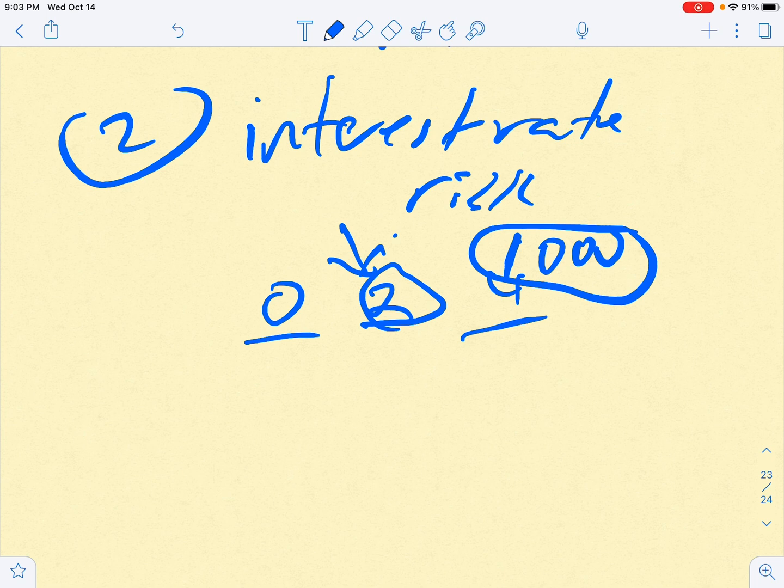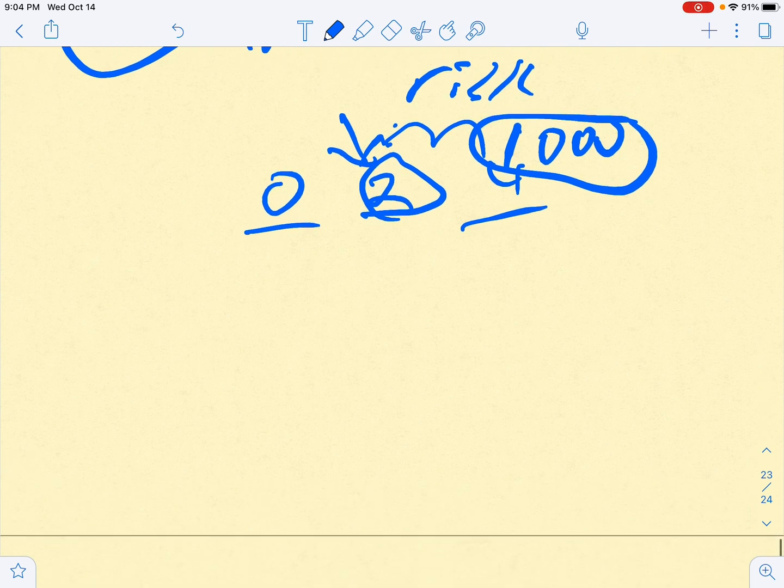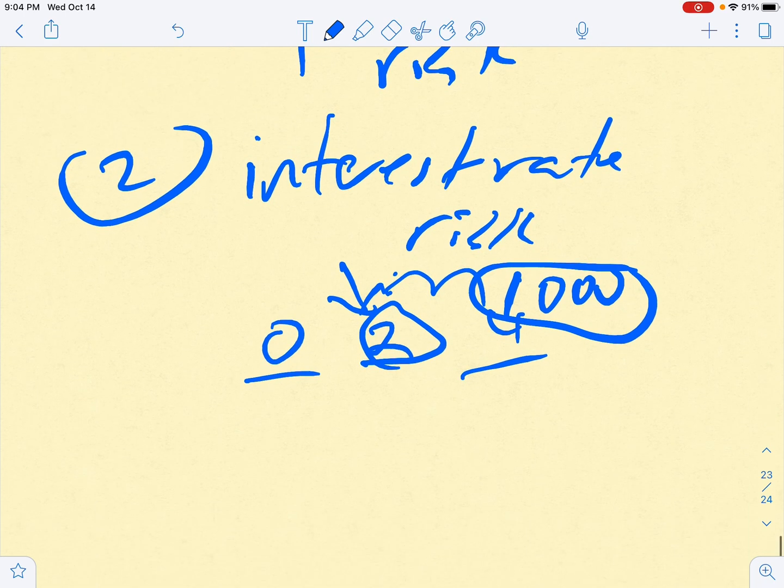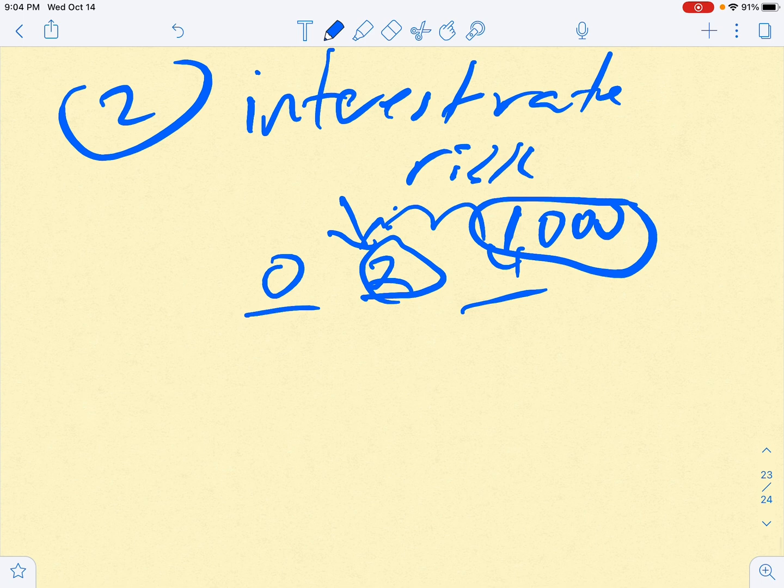Interest rate risk means if you sell it before maturity, the price you get depends upon whatever the interest rates are at date 2, between date 2 and date 4. So it would be a 2-period interest rate that would be relevant then. We'll talk about that in a bit. So those are a couple of risks associated with risk-free securities.